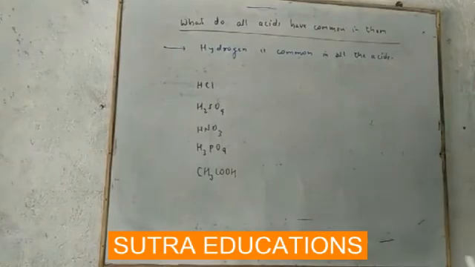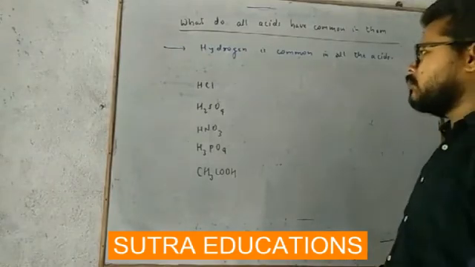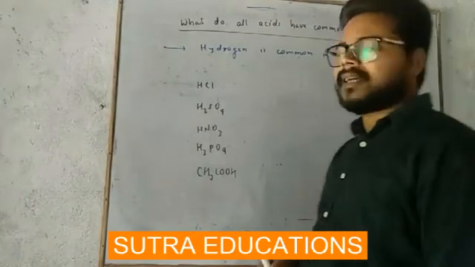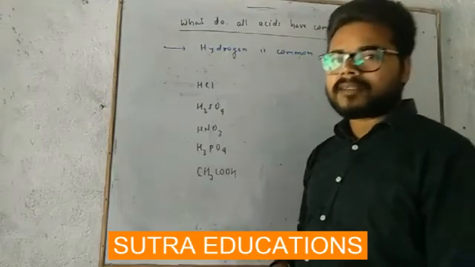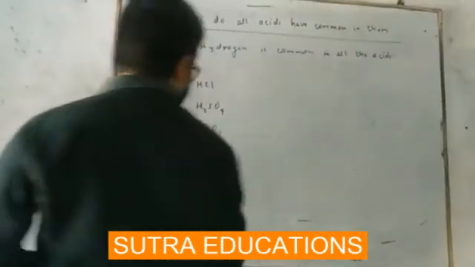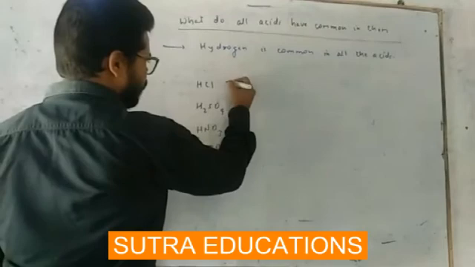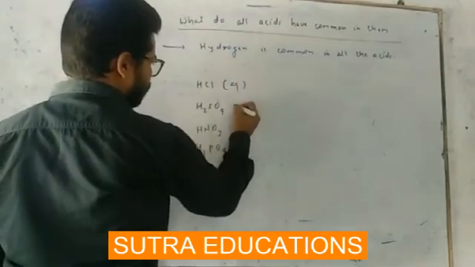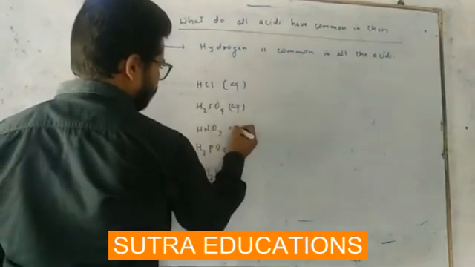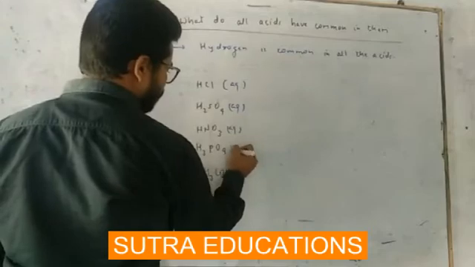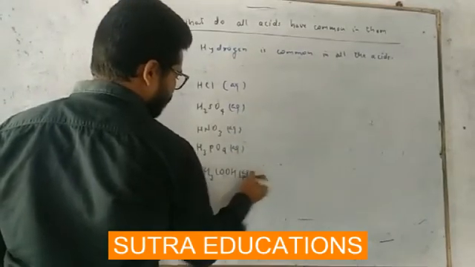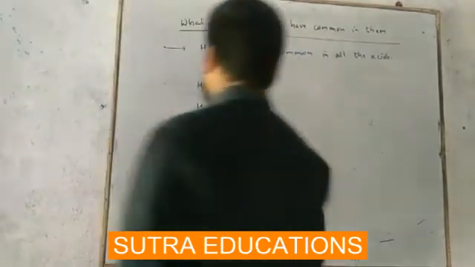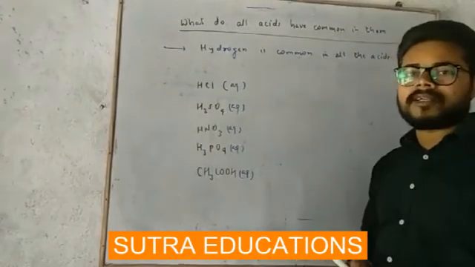When all these acids are dissolved in water, we are going to make these aqueous. Dissolved in water means it will become an aqueous solution. So I am writing it here, aqueous. Aqueous means all these acids have been added into water.